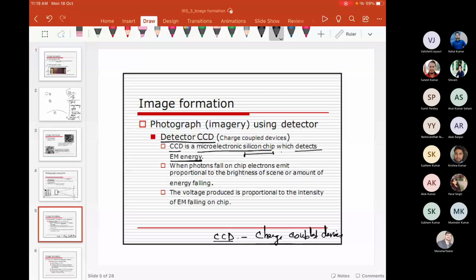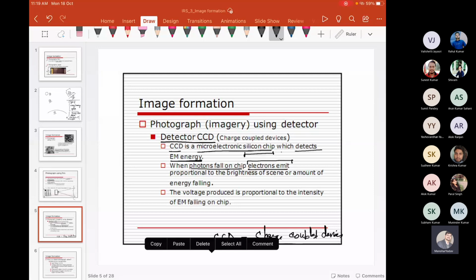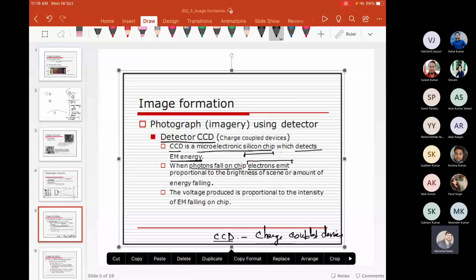So when photons fall on the chip, the electrons are emitted. It is a kind of conversion of one form of energy into another, and the number of electrons generated is proportional to the brightness of the scene, or the amount of energy falling over the surface of the CCD.